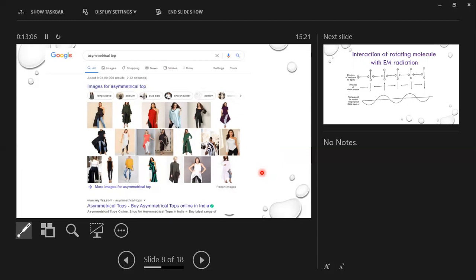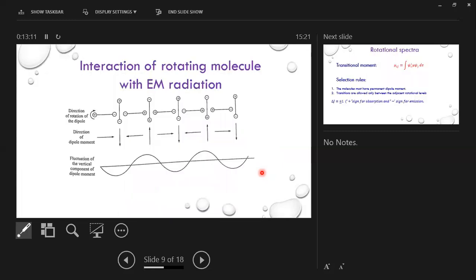So let us understand the interaction of rotation of molecules with electromagnetic radiation. When an electromagnetic radiation is incident on a rotating molecule, how does the molecule respond to and interact with it?